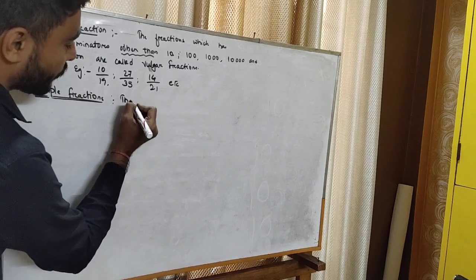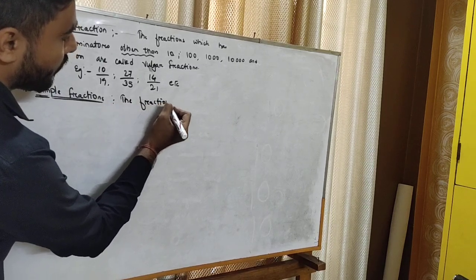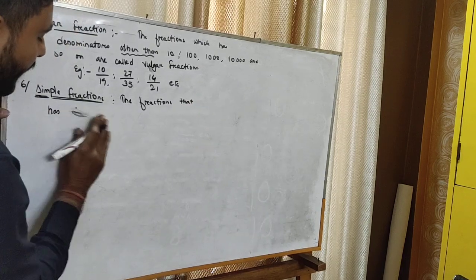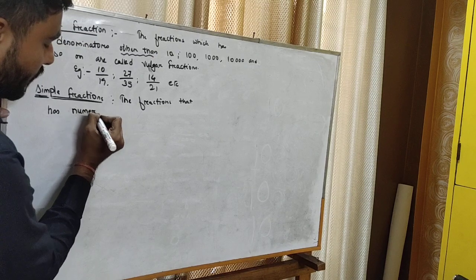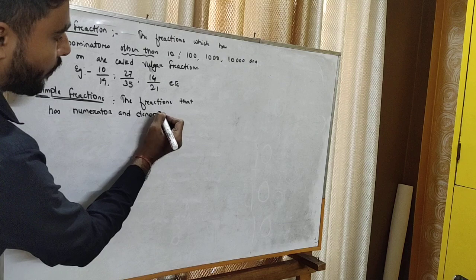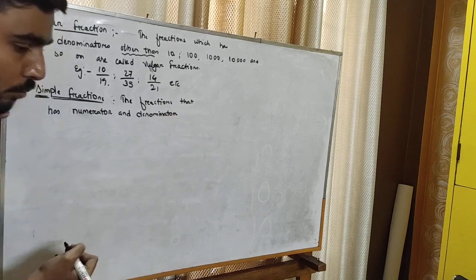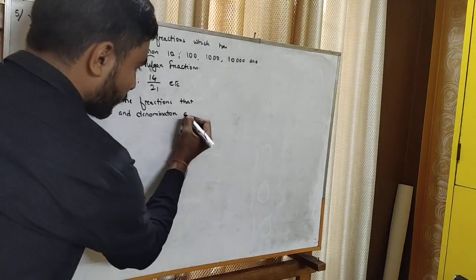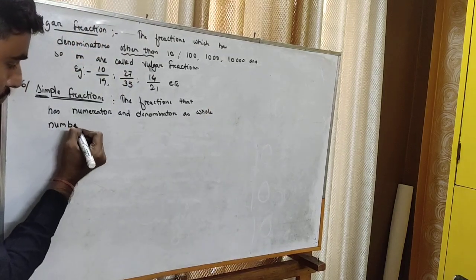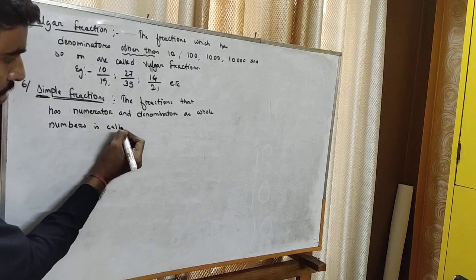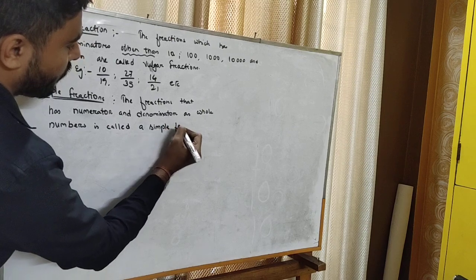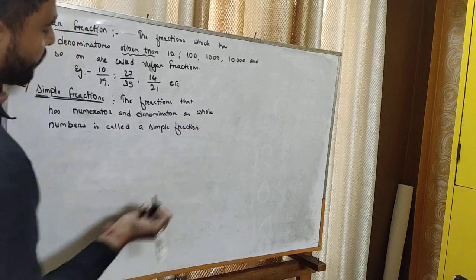So it can be written as: the fractions that have numerator and denominator as whole numbers are called simple fractions.